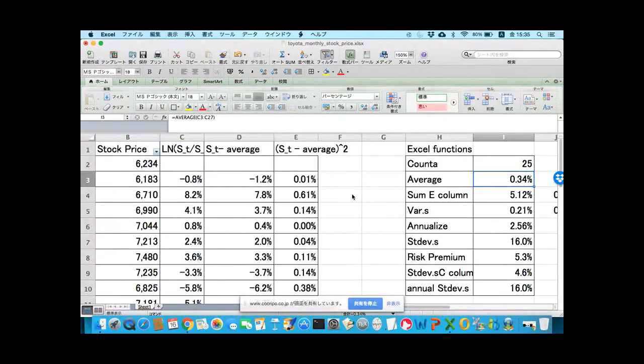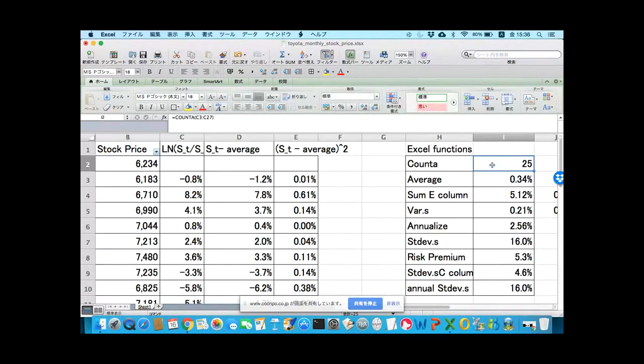So 25 samples. In the Excel sheet, we can easily count by using the count function here. The count function just counts the number of cells. Okay, so we have 25 growth rates, and then what do we do next to calculate the risk premium?